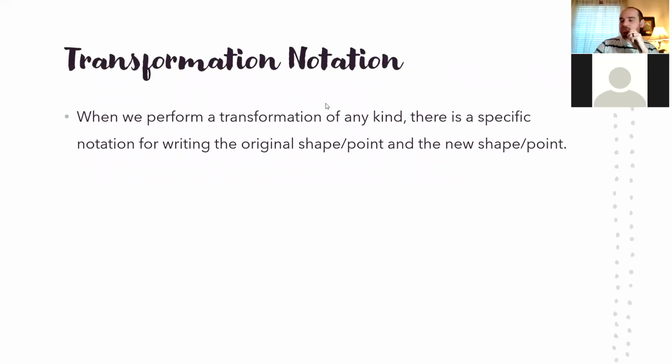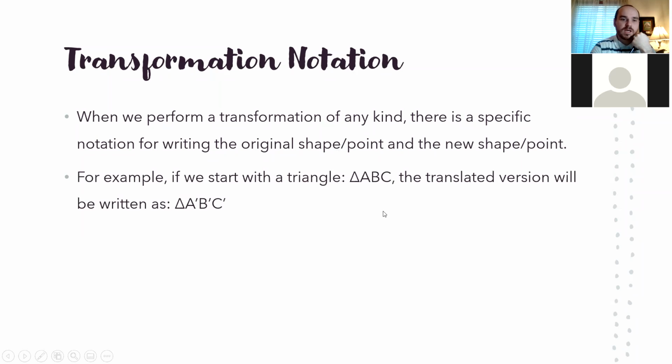So when we perform a transformation of any kind, so translation, reflection, rotation, or a dilation, there's a specific notation for writing the original shape or point and the new shape or point. So for instance, if we have a triangle ABC, this is how we would write a triangle with points A, B, and C. We just write it as triangle ABC.